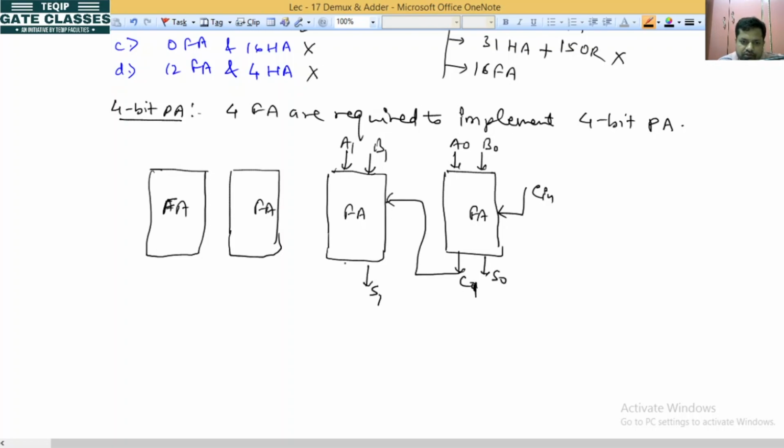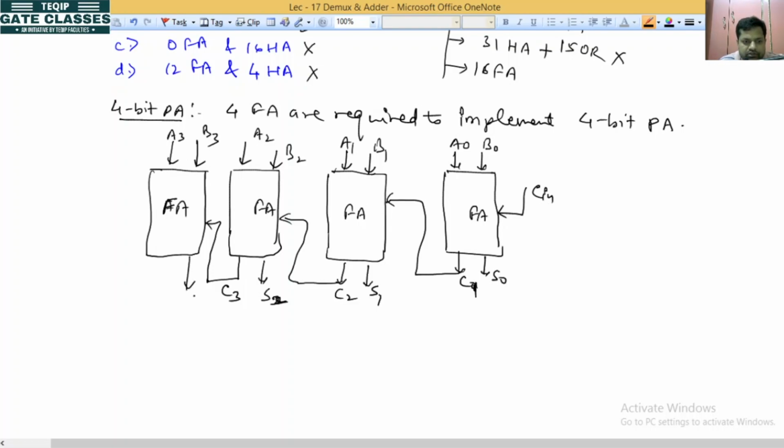So it will be S1, C2. This C2 will be linked here, and we have A2, B2. Now we got S2, and we have C3. So we will take the carry here. Now we have A3, B3, and the sum is S3 and the carry will be C4.